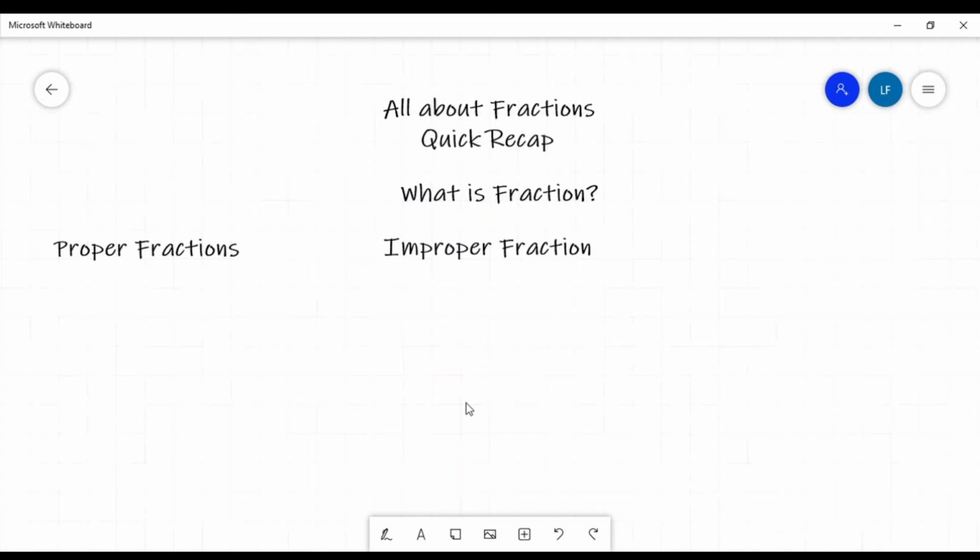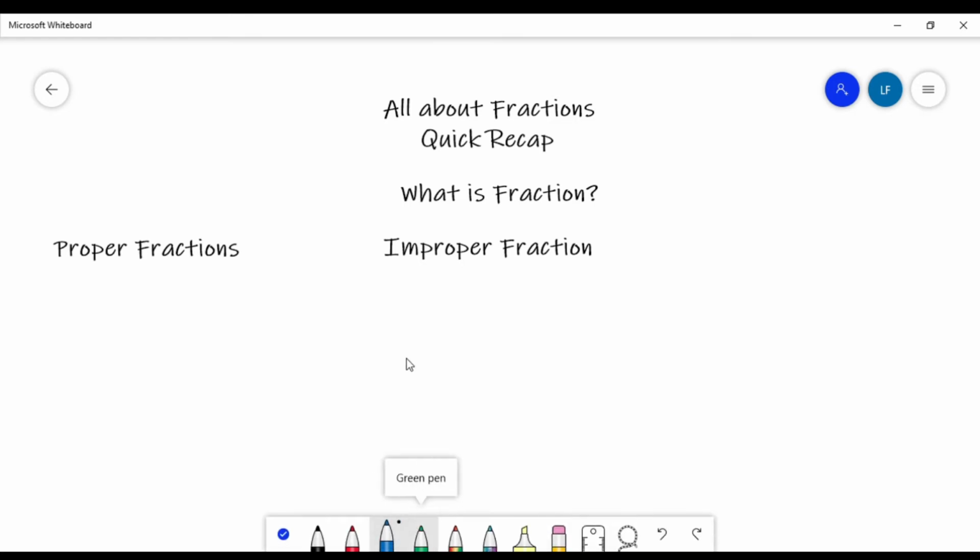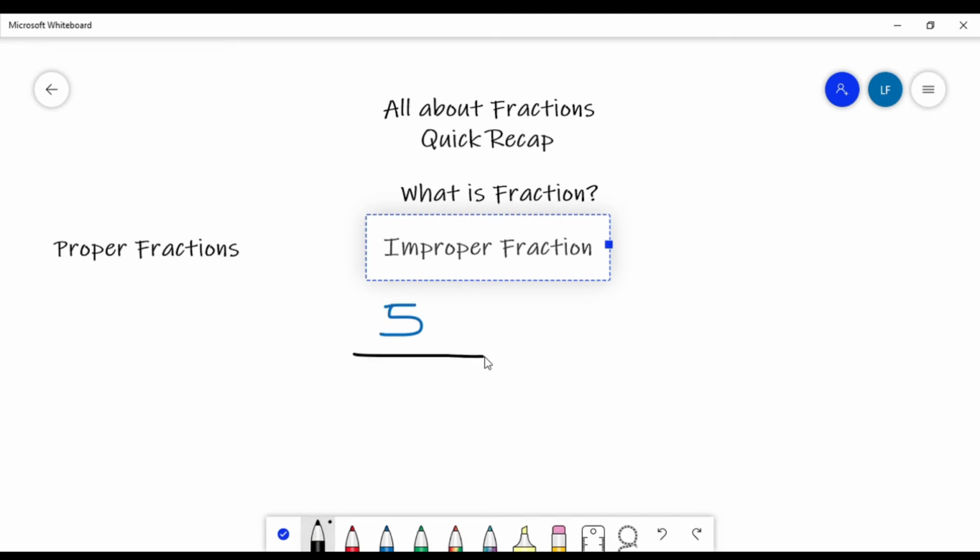So, what is the difference between a proper fraction and an improper fraction? Well, we will see. So, let's take another example, 5 by 3. Now, this is an improper fraction.